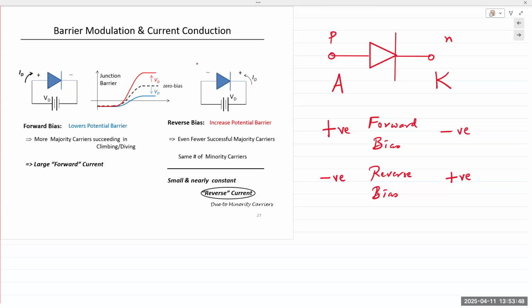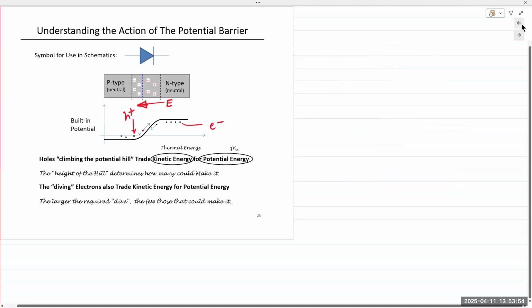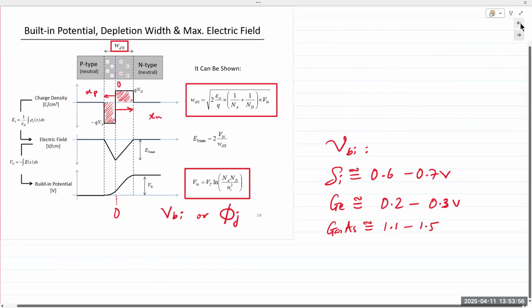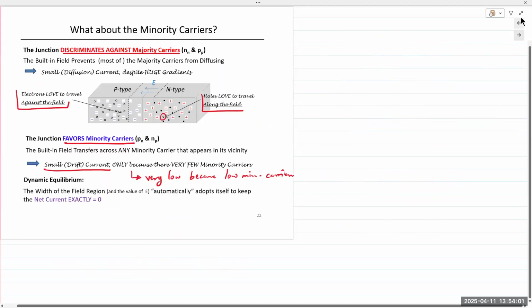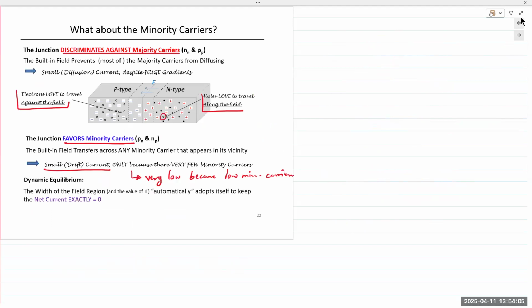So what exactly is happening? Let's go to this graph. This makes it easier to describe. We have electrons on the N side and holes on the P side. If you apply negative on this side and positive on this side, what happens?